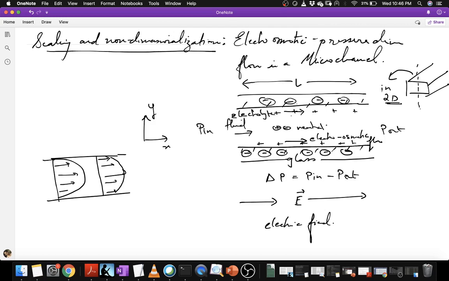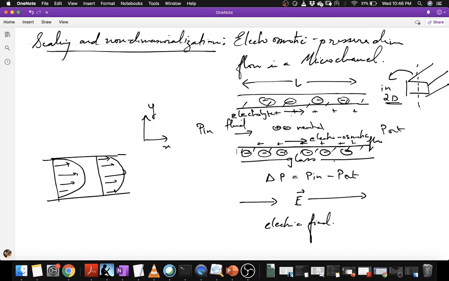Will they also show up for a large channel which is a meter in diameter? These are the sorts of questions that we have. In fact, when I use the term small channel versus large channel, you can ask me the extremely relevant question, how small is small? And what do I mean by small?